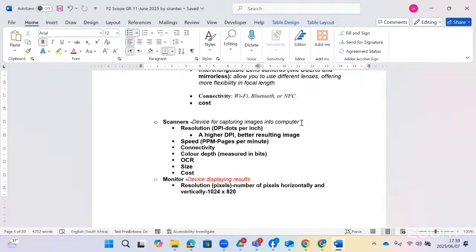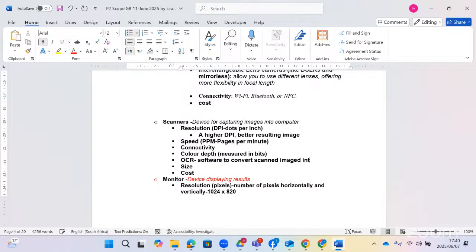Color depth. OCR, which is the software to convert scanned images into editable text.